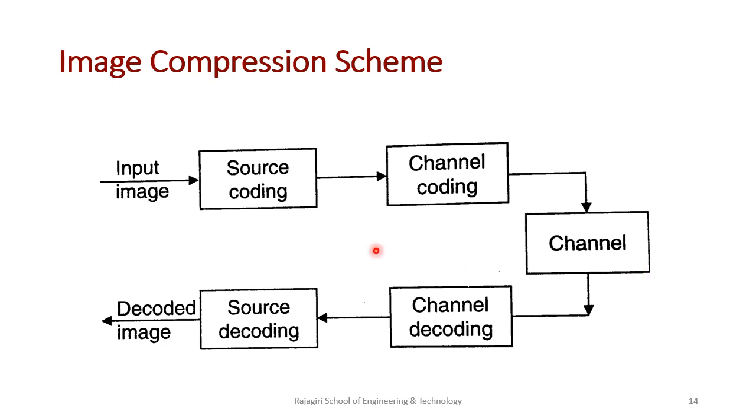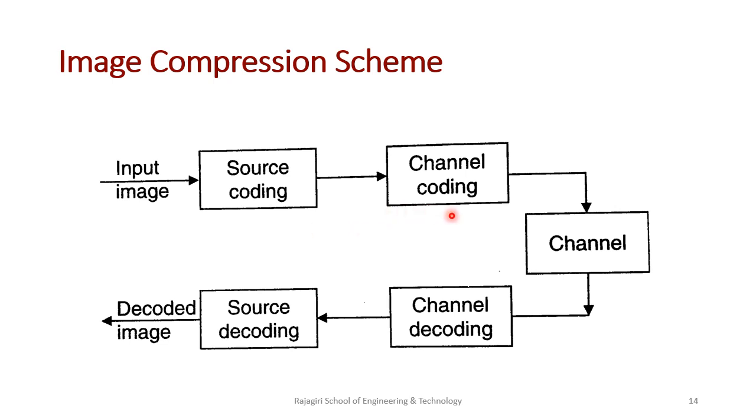This is the block diagram of an image compression scheme. The input image is given to a source coder. The source coder converts the source image into a sequence of bits, and the purpose of source coding is to remove any redundancies and reduce the average number of bits used to represent the image. This is then given to a channel coder.